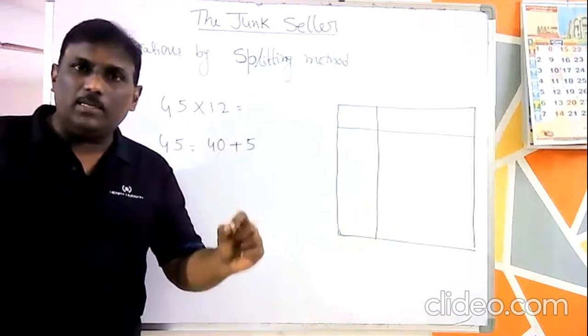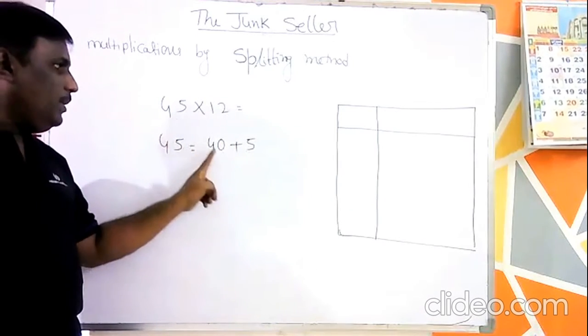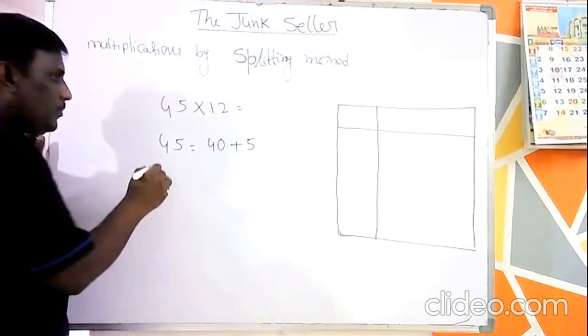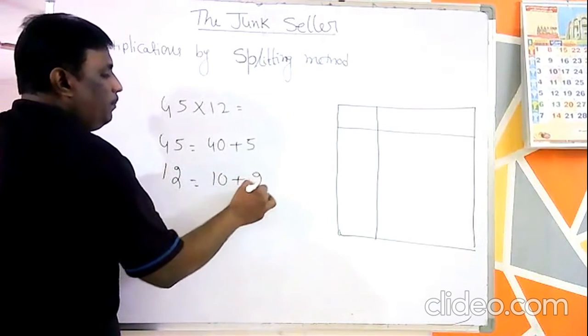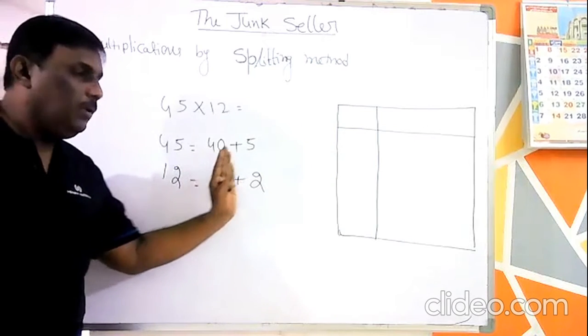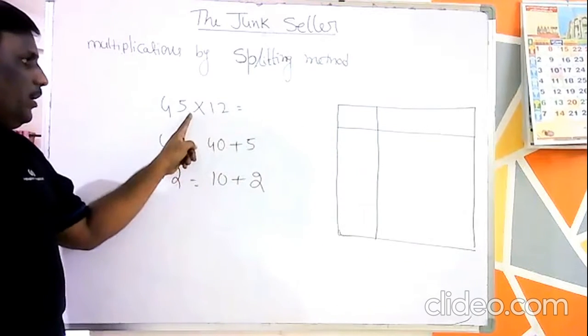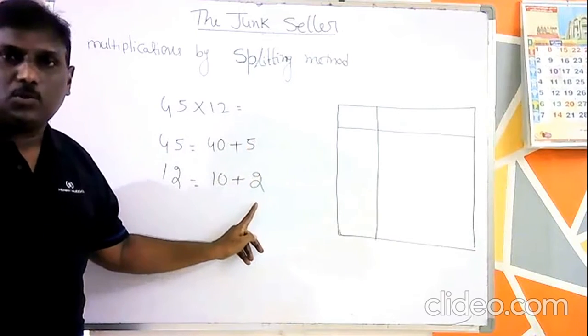You have to express the number to the nearest 10. Similarly, 12 means 10 plus 2.